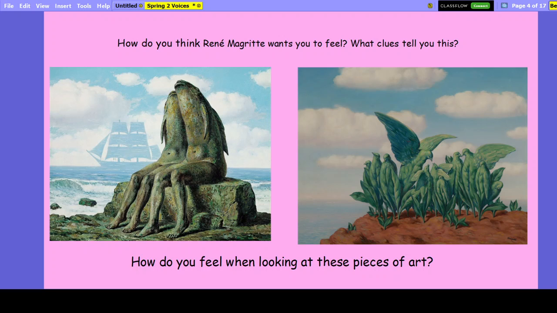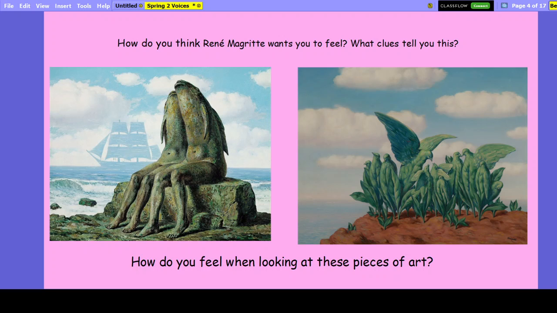And we want, as artists, to make our readers and our viewers feel something. And when we feel something on purpose, that's called the mood. So how do you think René Magritte wants you to feel looking at maybe these two images? Why do you think he wants you to feel this? And how did he get this mood created? How did he get you to feel this certain way?